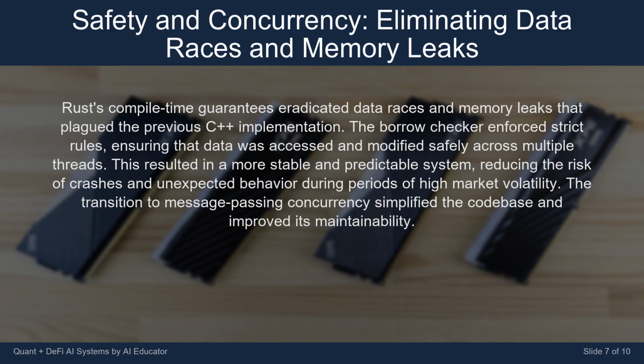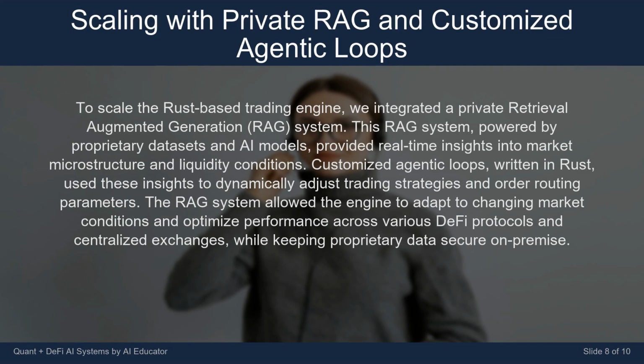maintainability. To scale the Rust-based trading engine, we integrated a private retrieval augmented generation (RAG) system. This RAG system, powered by proprietary datasets and AI models, provided real-time insights into market microstructure and liquidity conditions.